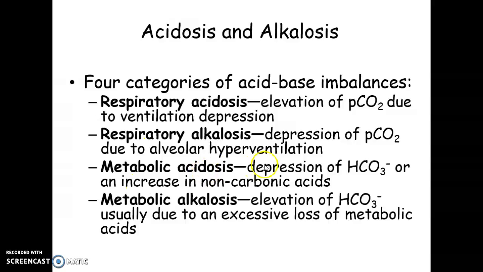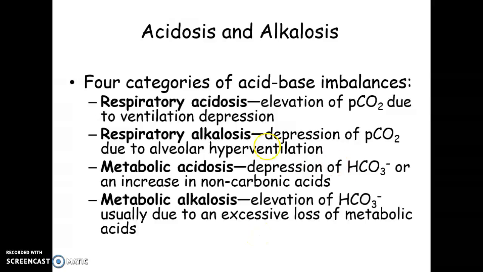Metabolic acidosis, depression of the bicarbonate or an increase in the non-carbonic acids, and it's going to have to do with something in the body outside of the pulmonary system. So it's a metabolic issue. And metabolic alkalosis, elevation of the bicarbonate, and then your pH goes up.